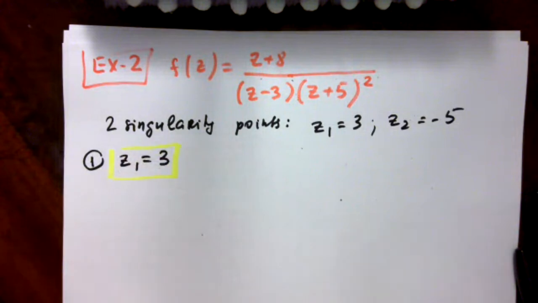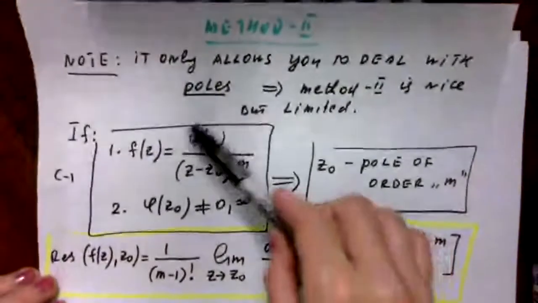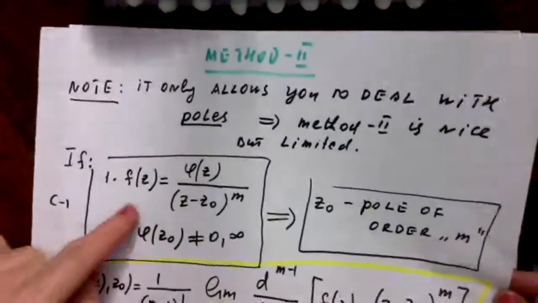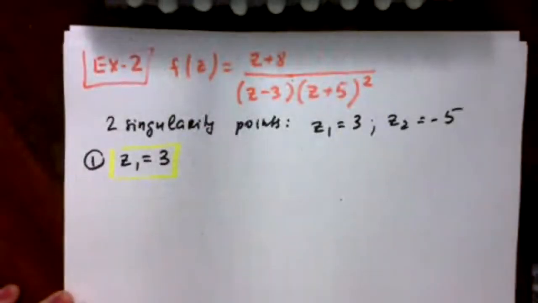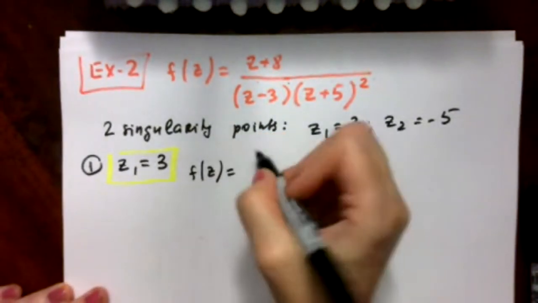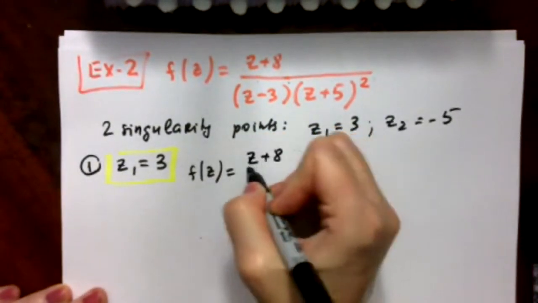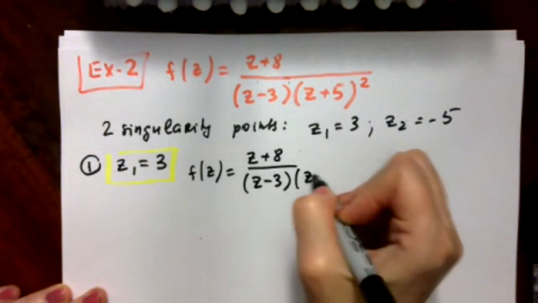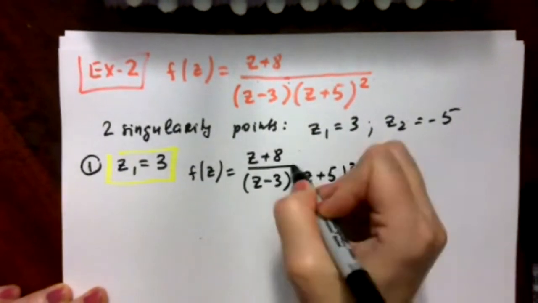According to our theorem, according to our method, we need to see this structure in the function. It does look like a fraction, of course, but seemingly not quite this fraction. But you know what I'm going to do? I'm going to do a beautiful trick. First of all, I'm going to copy my function: z minus 3, z plus 5 squared.